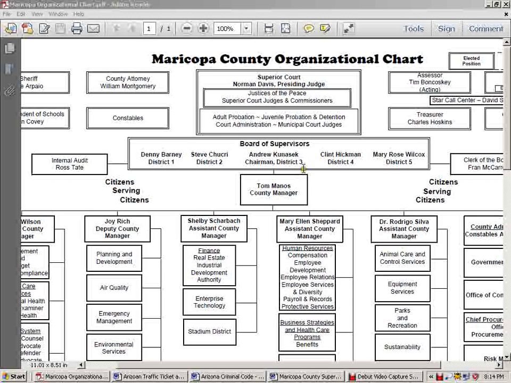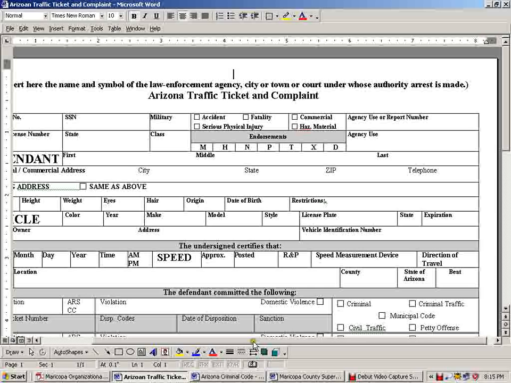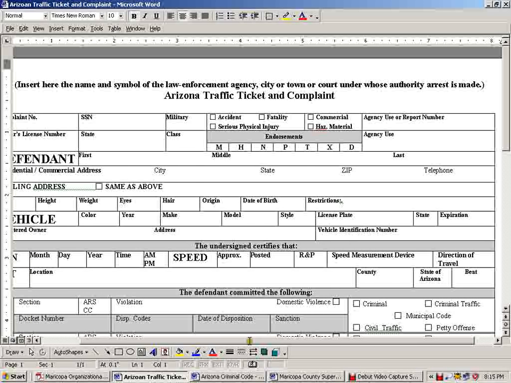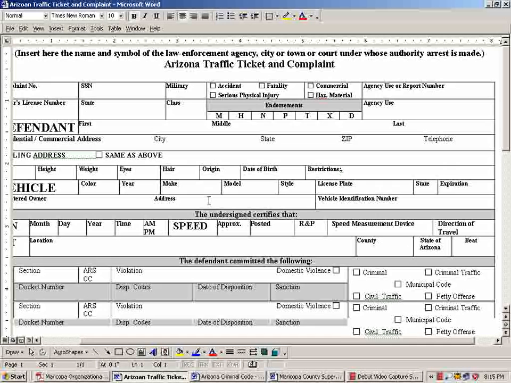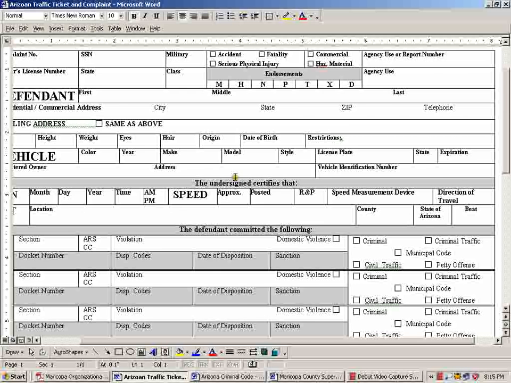And there's reason to do this, because this is an Arizona traffic ticket. This is the standard traffic ticket and complaint form that you would get if you got stopped in Arizona. DUI, accident, ticket, speeding, whatever. But it says it's a traffic ticket and complaint. Okay?